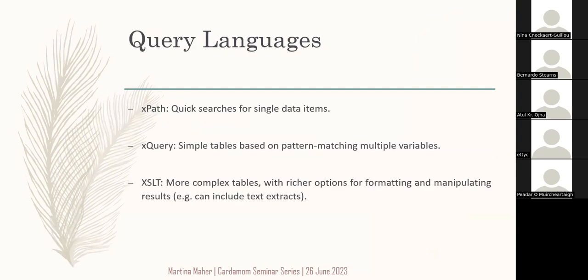XPath gives us very quick searches for single data items. XQuery gives us tables for multiple variables, and then XSLT gives us much more complex tables again with richer options of information, giving us results of a lot more data in one go.